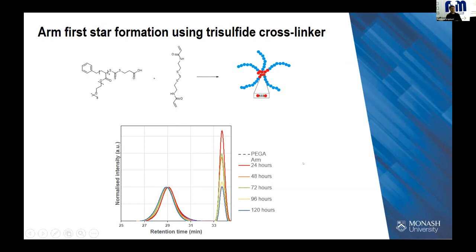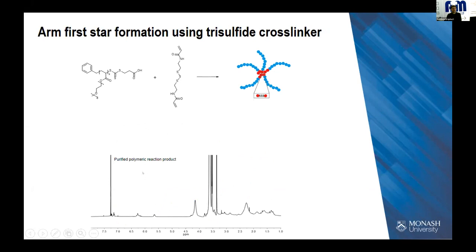So this was a bit disappointing, but we wanted to take a closer look at what was actually happening here. So we purified this reacted arm back out, and the NMR told us an interesting story. So these broad vinyl protons here are indicative of a pendant polymeric vinyl group. So the cross-linker is likely added on one side to the growing chain, although it hasn't cross-linked to another.